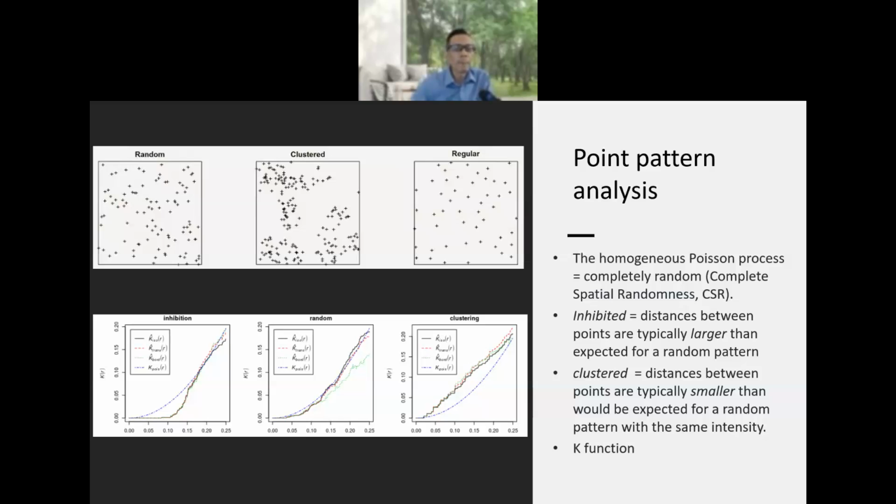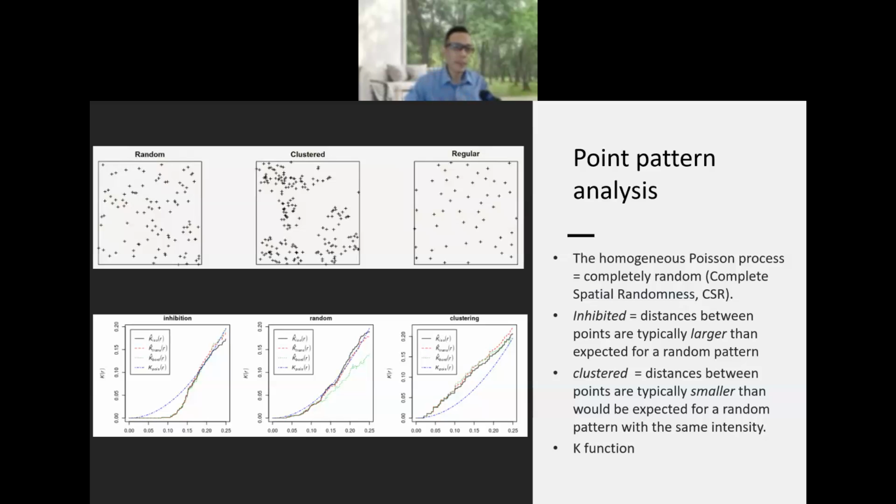The homogeneous Poisson process is actually a completely random process. It means that if the disease happens by random, secara rawak, then it should follow the homogeneous Poisson process.